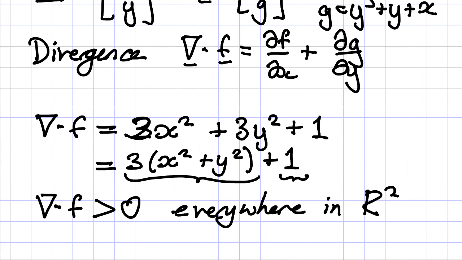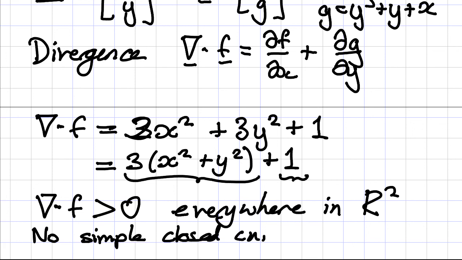So that means there's no closed curve trajectory in the system. In particular, no periodic orbits.